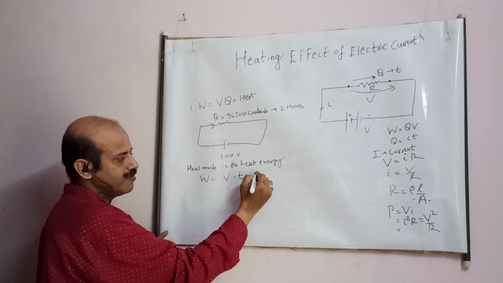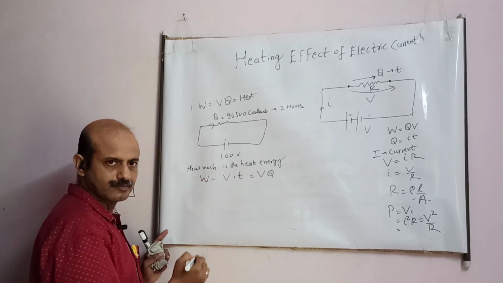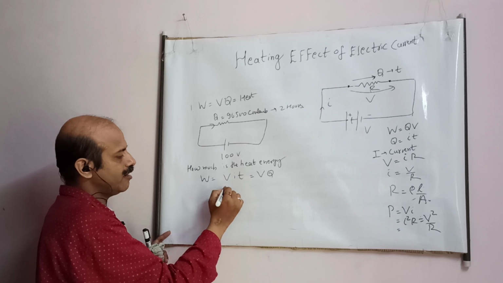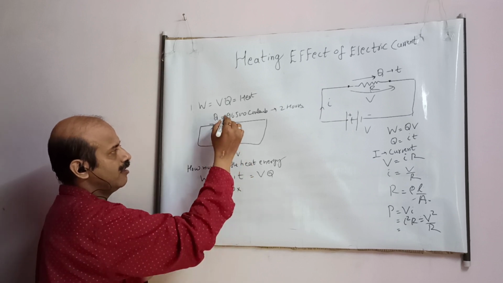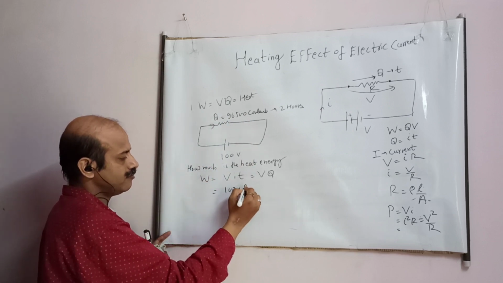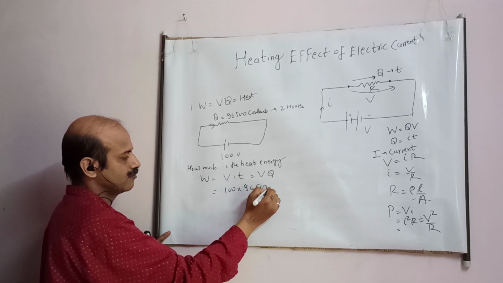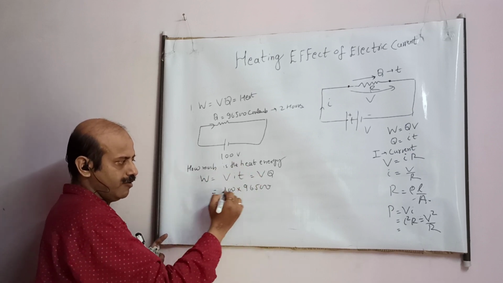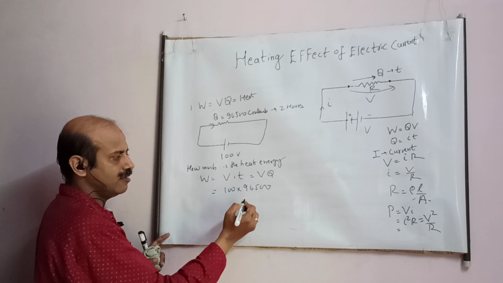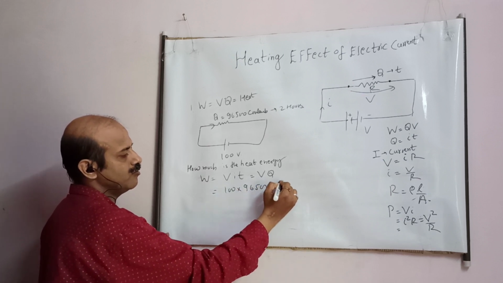This IT becomes I. So in this V is given 100, and if you multiply this, the energy which you will get is in joule.